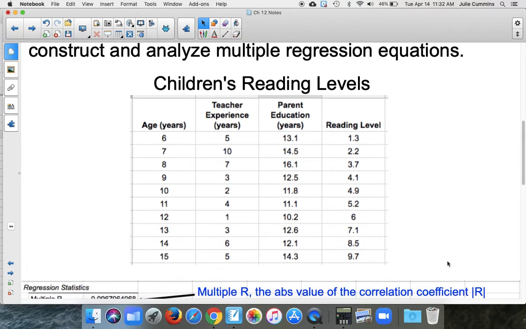So the first sample problem that we want to look at is children's reading levels, and we looked at reading levels based on age in the last lesson. So we definitely know that the older a child gets, their reading level generally goes up, and those are the two columns we were looking at before. But there could be other factors in there.